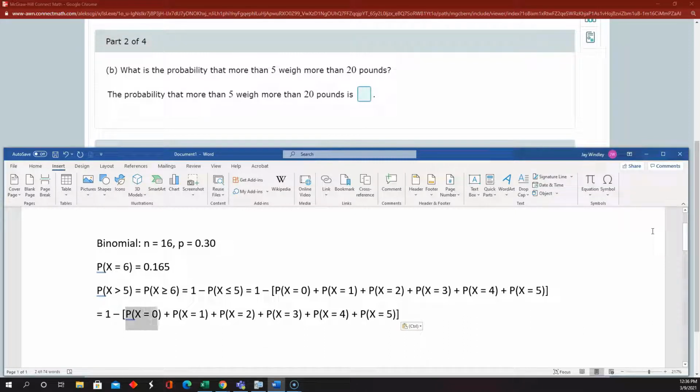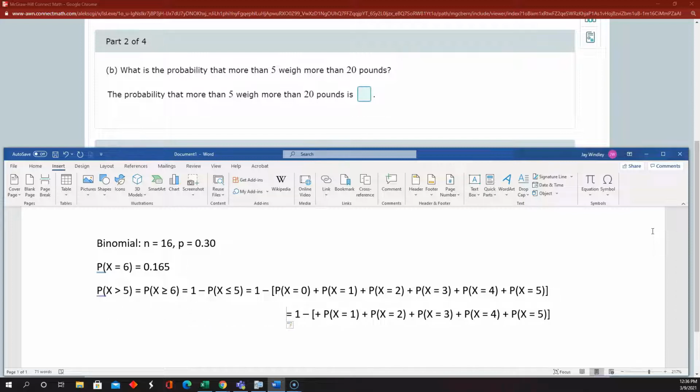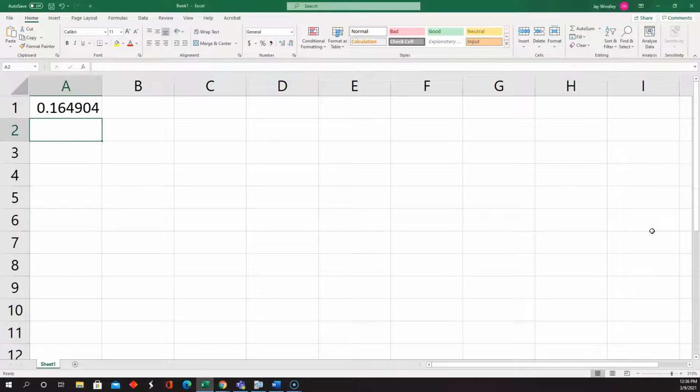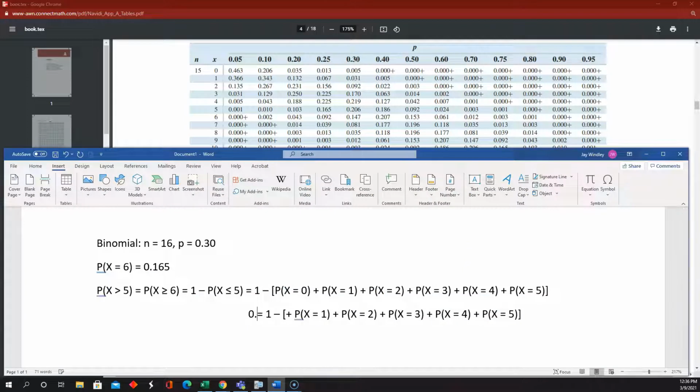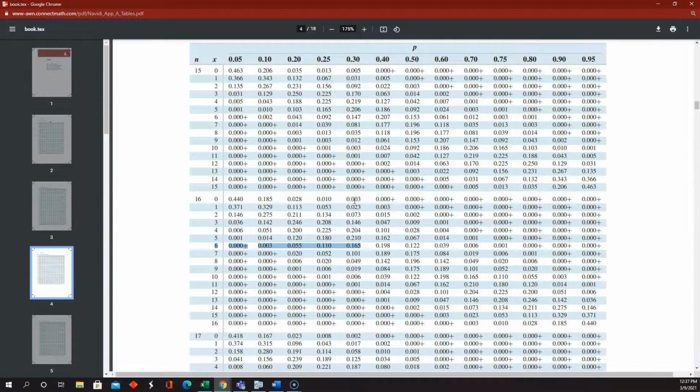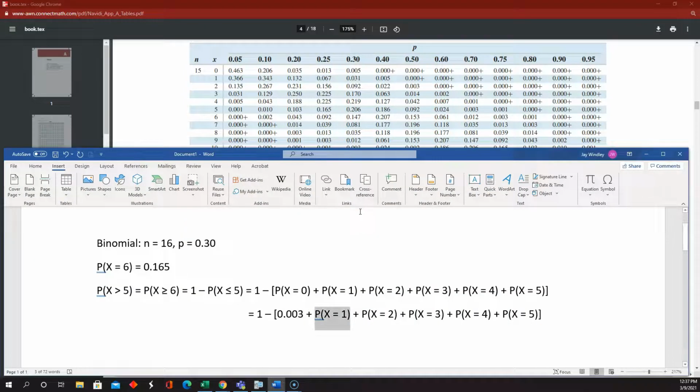And the probability that the number of successes is 0, all of these probabilities are going to be really close to one another on this table. So the probability of 0 successes is this 0.003 number. And the probability of 1 success is this 0.023 number.